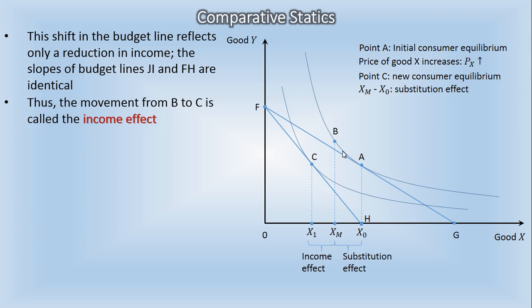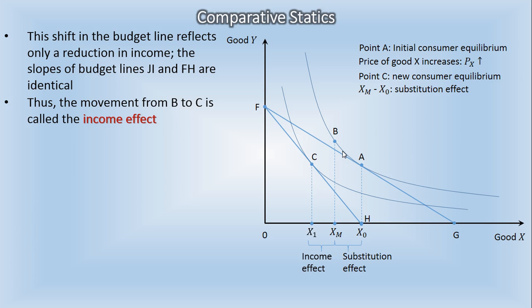So the movement from A to B represents the substitution effect, the fact that now Y yields more marginal utility per dollar spent than X, so the consumer consumes more of Y rather than X. And the movement from consumption bundle B to C represents the result of the consumer feeling poorer overall from that increase in the price of X. Now, because of that, she has to consume less of everything.